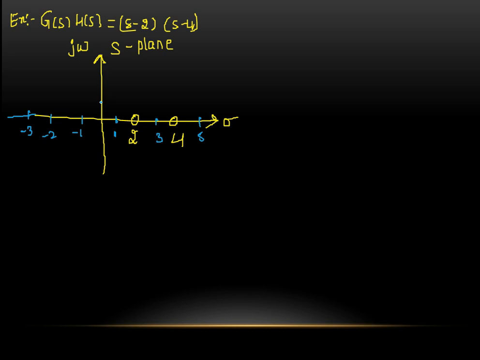On the imaginary axis, in a similar way, j, 2j, 3j and so on, and on the negative imaginary axis, minus j, minus 2j, minus 3j and so on. So I am choosing some random points in this S plane such that with the help of those points, either one or two zeros may be enclosed.